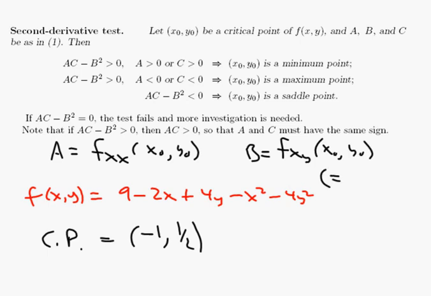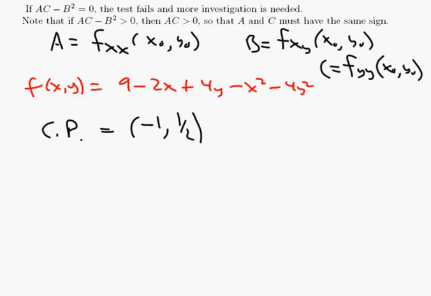And capital C stands for f sub yy at x0, y0. Okay, so if you look at second derivative tests, you know you're interested in computing this expression. So we're going to find that first and see which category we fall into. Okay? So let's go and do that.